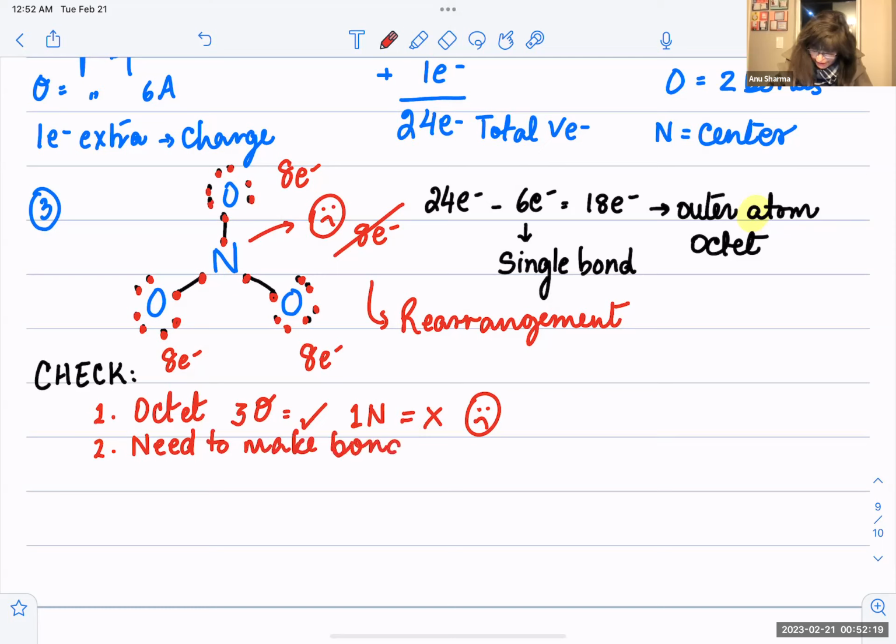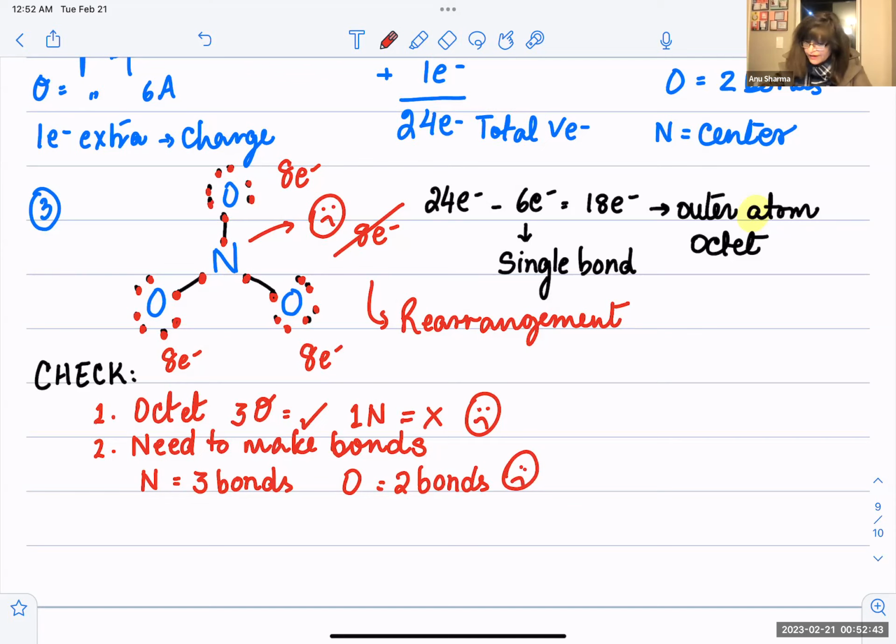Nitrogen wants to make 3 bonds, and that's fine. Nitrogen is making 3 bonds. Oxygen wants to make 2 bonds, but none of these oxygens is making 2 bonds. So oxygen is unhappy. That's why rearrangement happens.